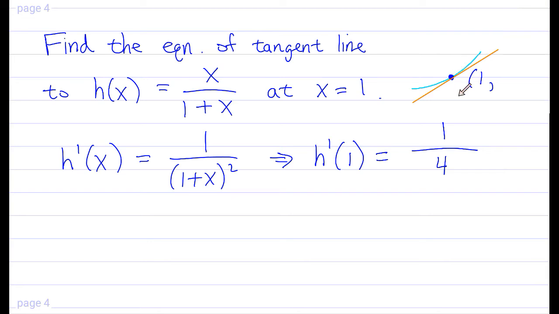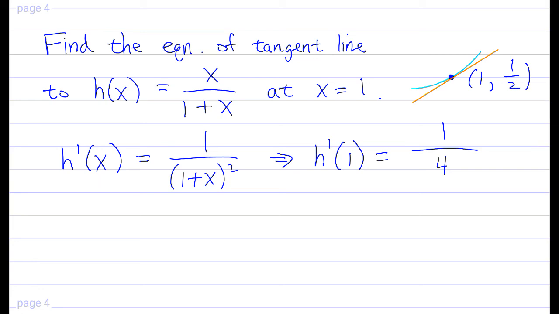I know its slope, it's 1/4, but I need to know what is the point right there. Well, I know that the x value is 1. The y value comes from the curve. I just need to plug in x equals 1 right here. 1 over 1 plus 1, that's 1/2. So this point right here is (1, 1/2).